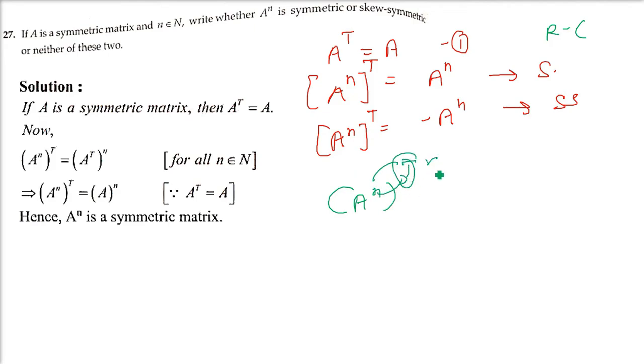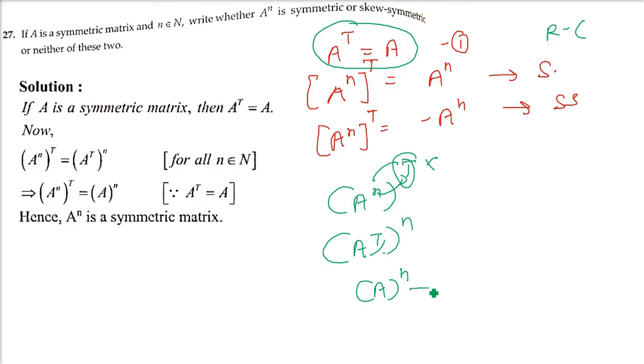Okay, t is not the power. So A transpose to the power n, and this is given as A. So you can replace it by A raised n. So as I said, when you took the transpose and the final result is A raised n, there are two options which I gave. It is symmetric because it is just positive power.